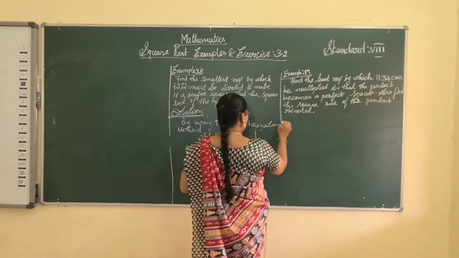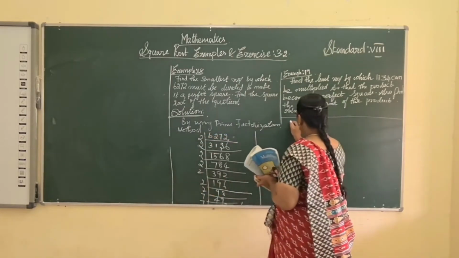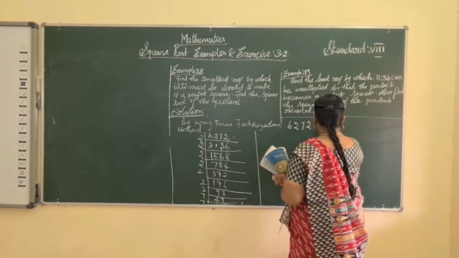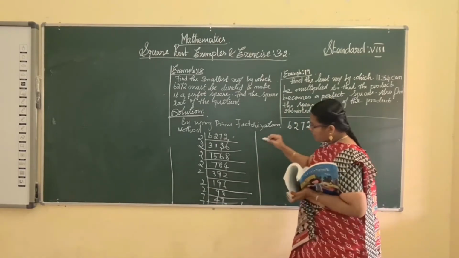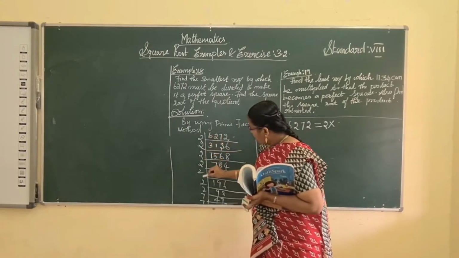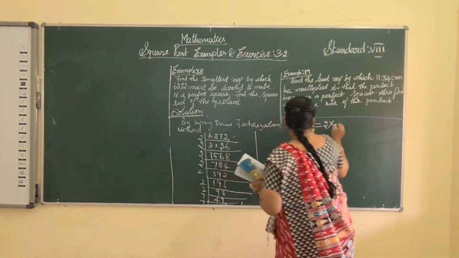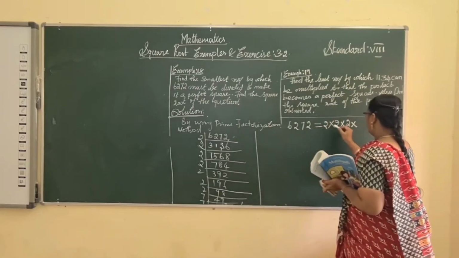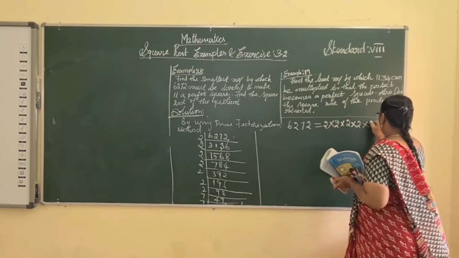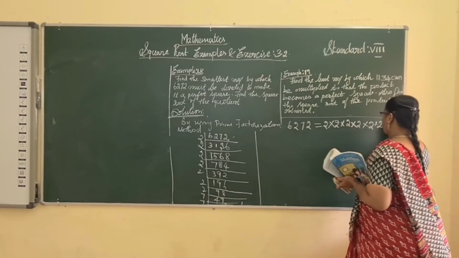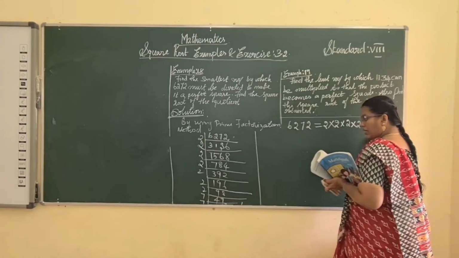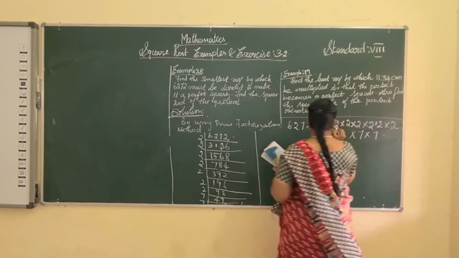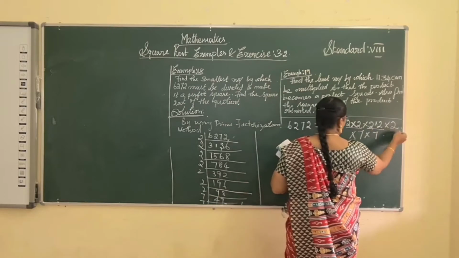So write the factors. 6272 is equal to, what are the prime factors? 2 is repeated how many times? 2 appears 1, 2, 3, 4, 5, 6, 7 times, an odd number of times, and then 7 twice. Now pair them.